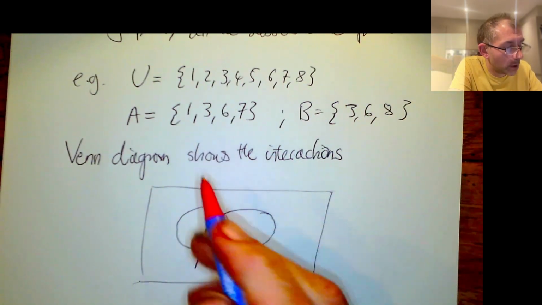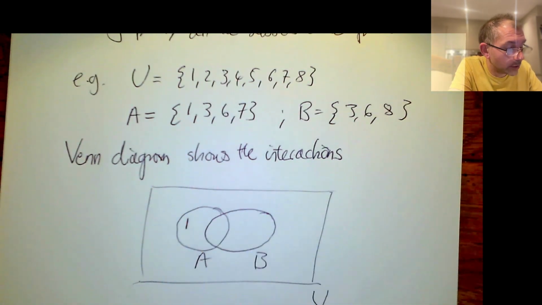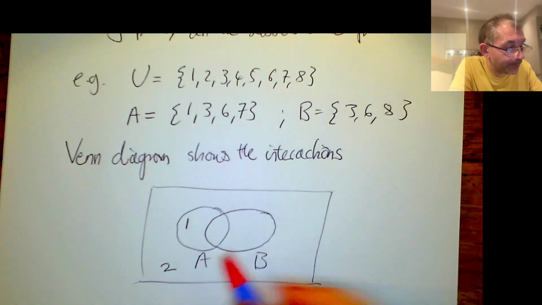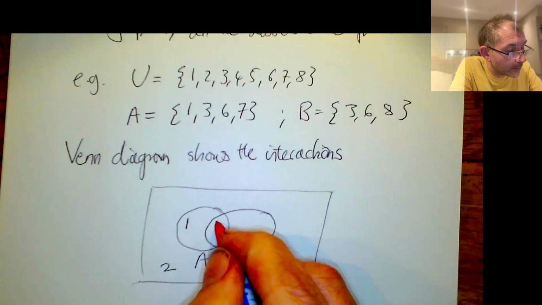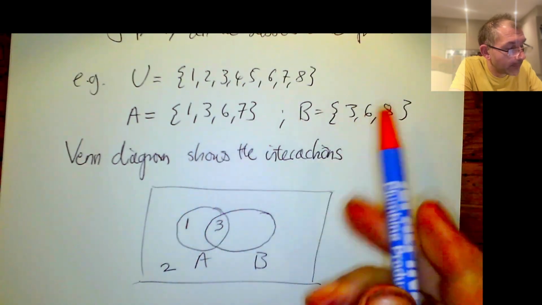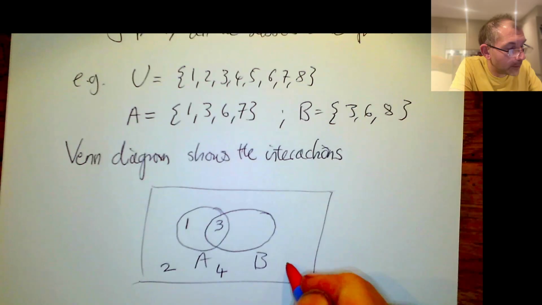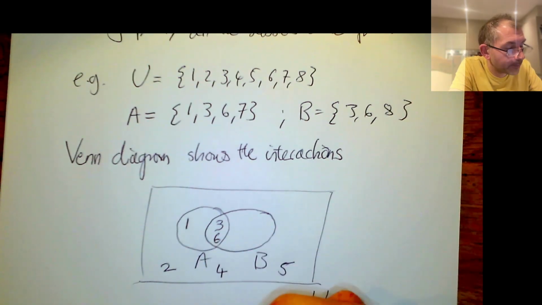So the element 1 is in here, but it's not in here. The element 2 is not in either of them. Element 3 is in both of them. The element 4 is in neither. The element 5 is in neither. The element 6 is in both.